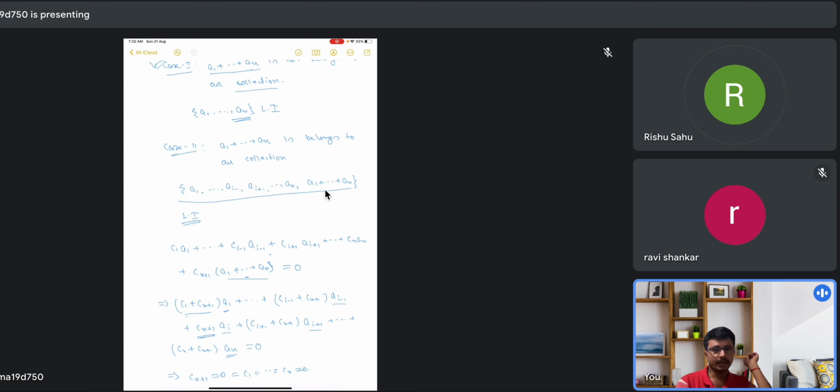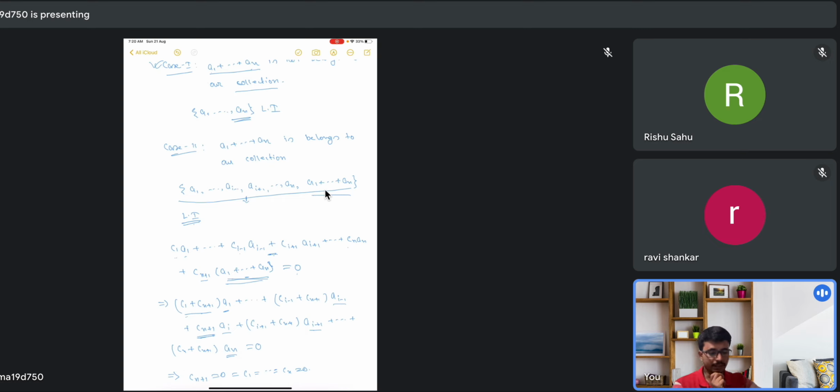Yes, sir. So take this expression: C1 A1, and the Ai element was missing here, so Ai is not there. So C1 A1 up to plus C(i-1) A(i-1), up to Cn An, and the last one, taking coefficient C(n+1), equals 0. Here Ai was missing, but from here we will get that Ai.